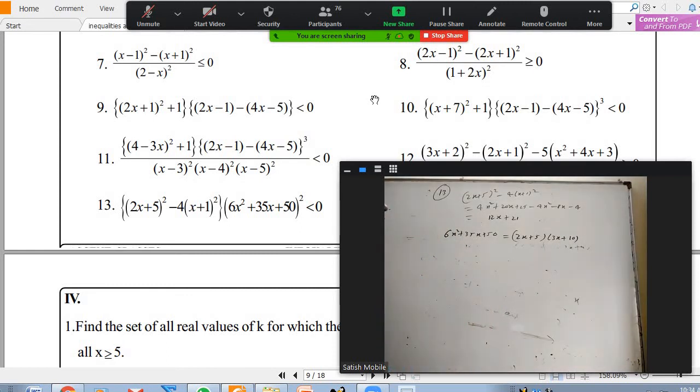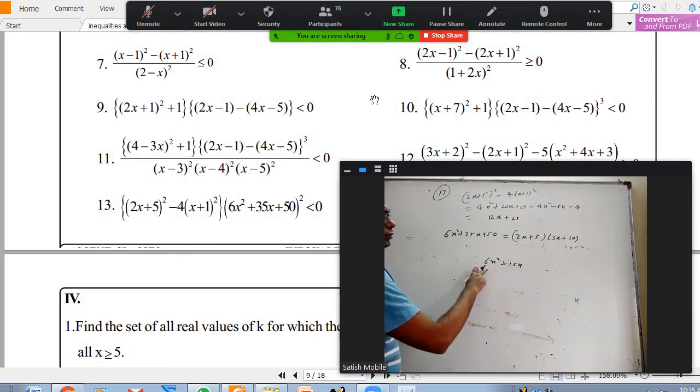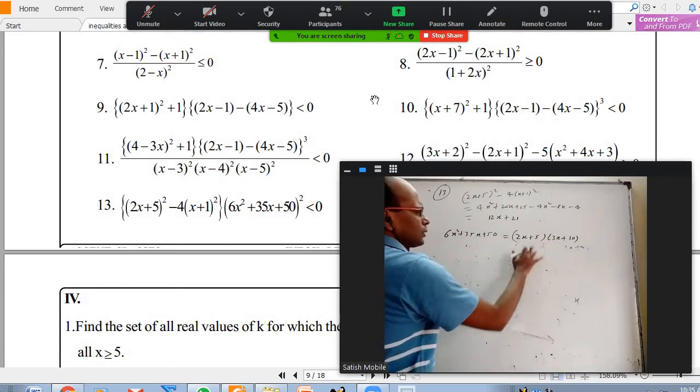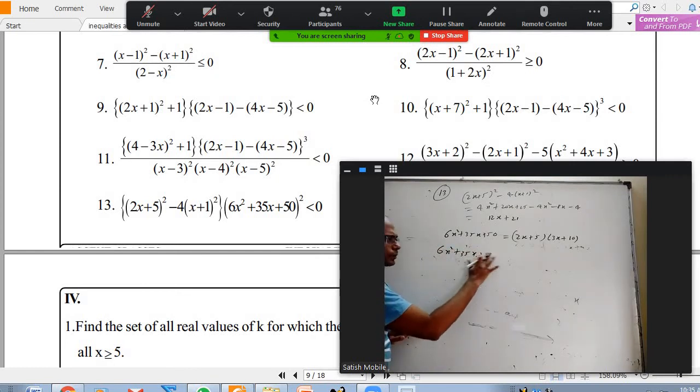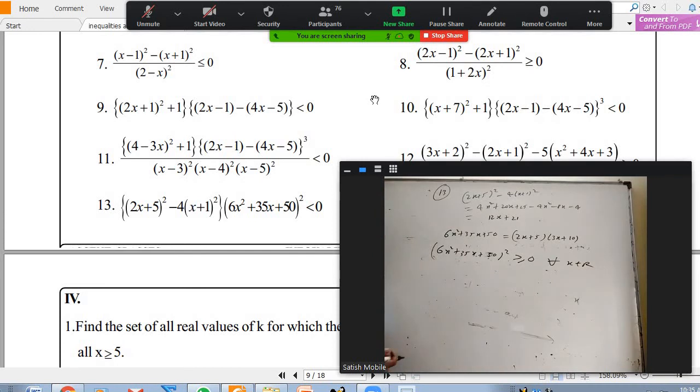No, something is wrong: 4x square plus 15x, I can take 3x common, 2x plus 5. Okay, 15 is correct. So basically 6x square plus 35x plus 50 whole square is greater than or equal to 0 for all x belongs to R. It is always positive or 0.